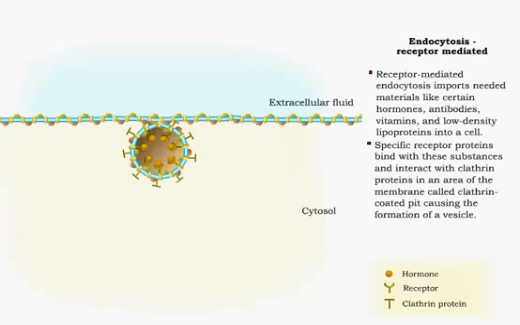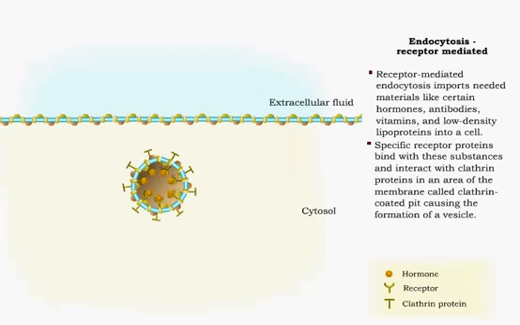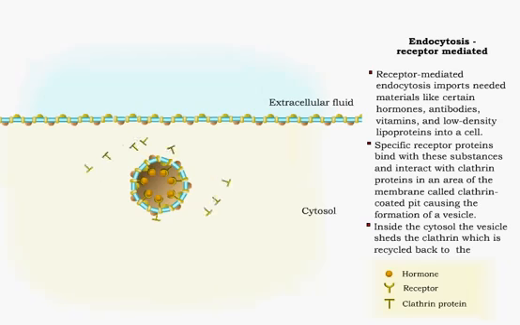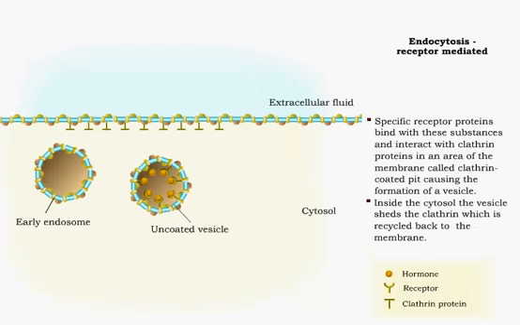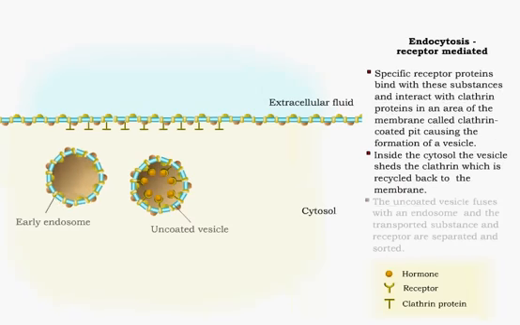Once inside the cytosol, the vesicle loses its clathrin, which is recycled back to the membrane. The uncoated vesicle now fuses with a vesicle called an endosome, where the substance and the receptor are separated and sorted.